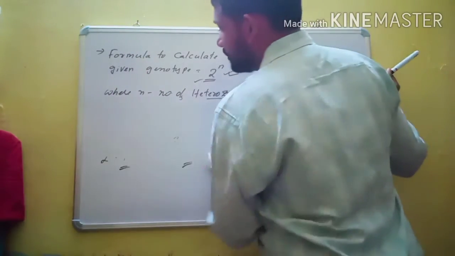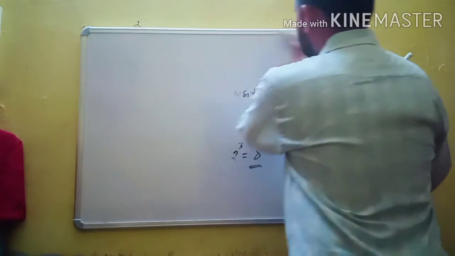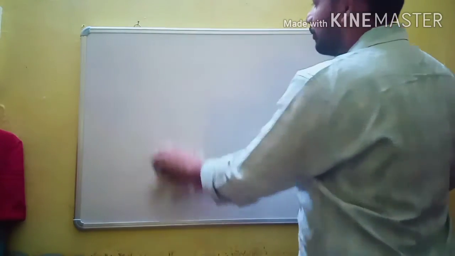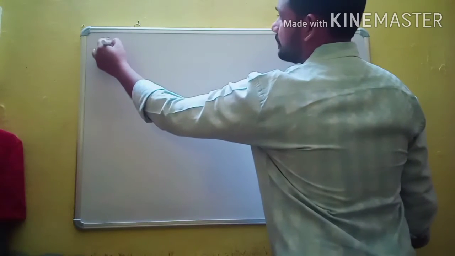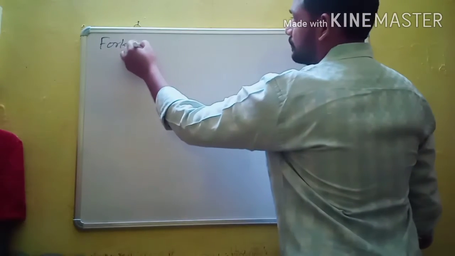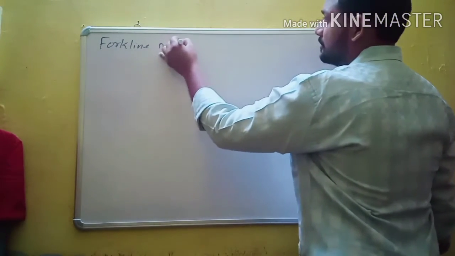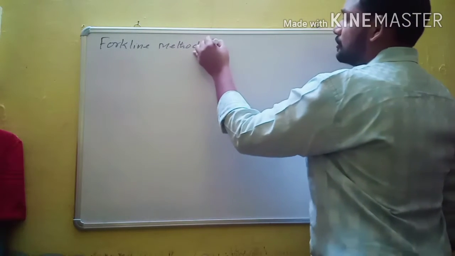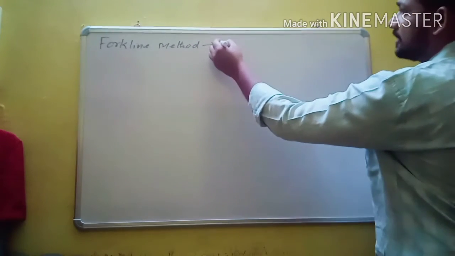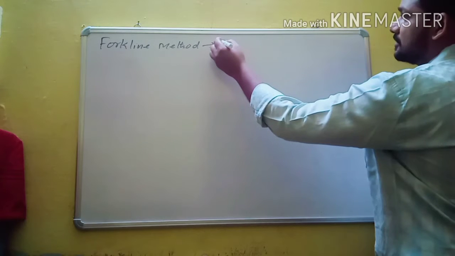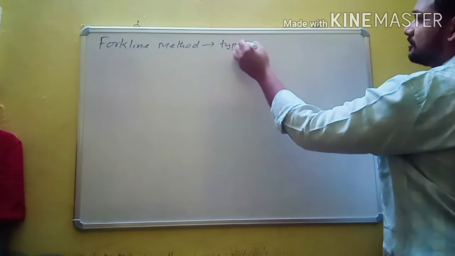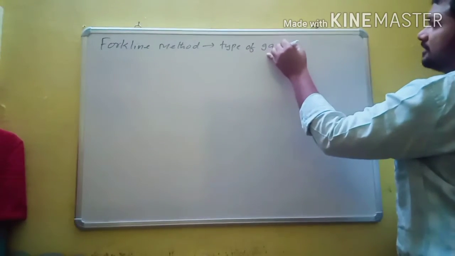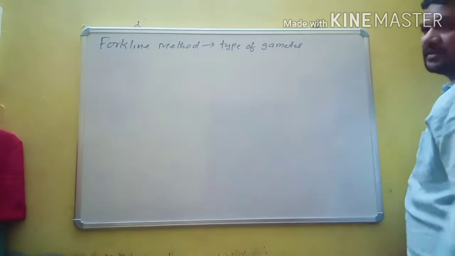And the second important term is the fork line method. Fork line method is used to obtain the types of gametes from the given genotype.